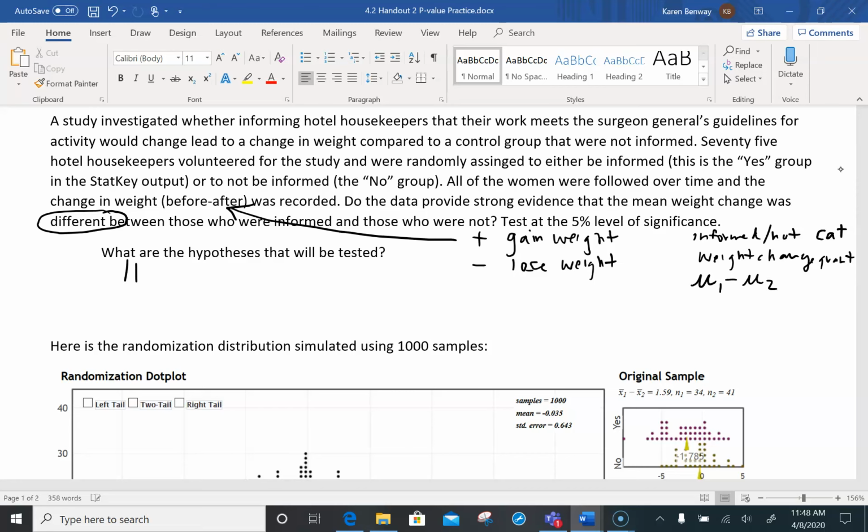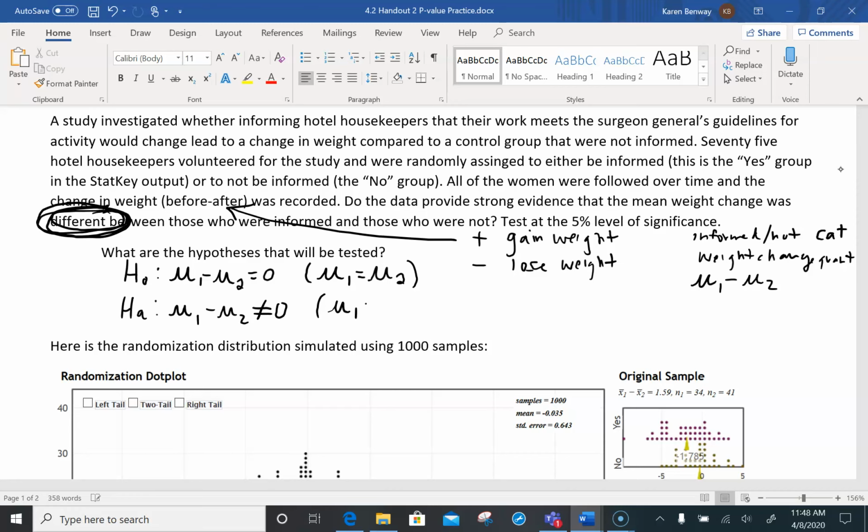So my null hypothesis is going to be that the difference in means is equal to 0, or that the two means are equal to each other. And for the alternative hypothesis, I'm checking to see if it's different, which doesn't indicate which direction. So mu1 minus mu2, there is a change. That means it's a not 0 difference, or that the two means are not equal to each other.